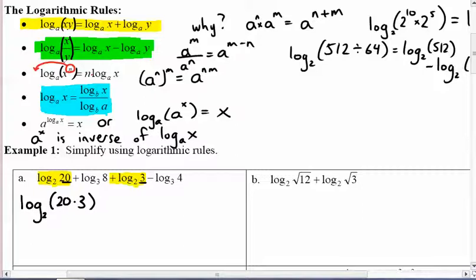Now the second term is being subtracted, and it's base 3. So these ones are both base 3, and because this one is being subtracted, I'm going to use my quotient law. If I have 2 different logs that are being subtracted, I can write that as one single log and take the 2 inside terms and divide them.